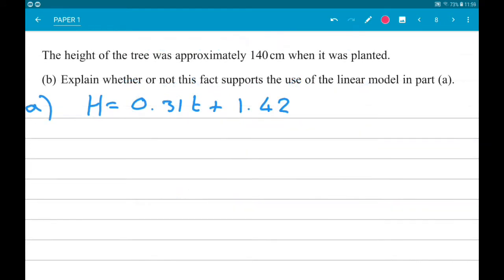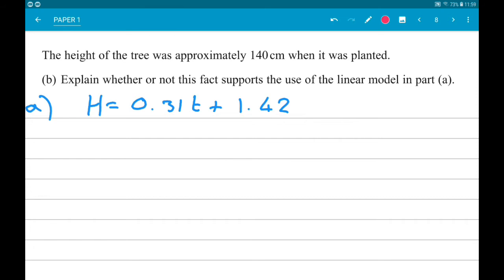Given part B, the height of the tree was approximately 140 centimeters when it was planted, so 1.4 meters. Explain whether this fact supports the use of the linear model from part A.